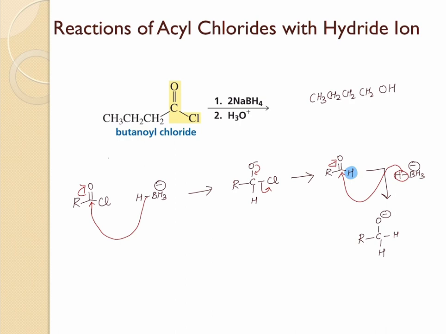So when you add acid to this reaction, this O minus is going to get protonated. You can see that this is the first hydride ion that is added. This is going to be the second hydride ion that's added.